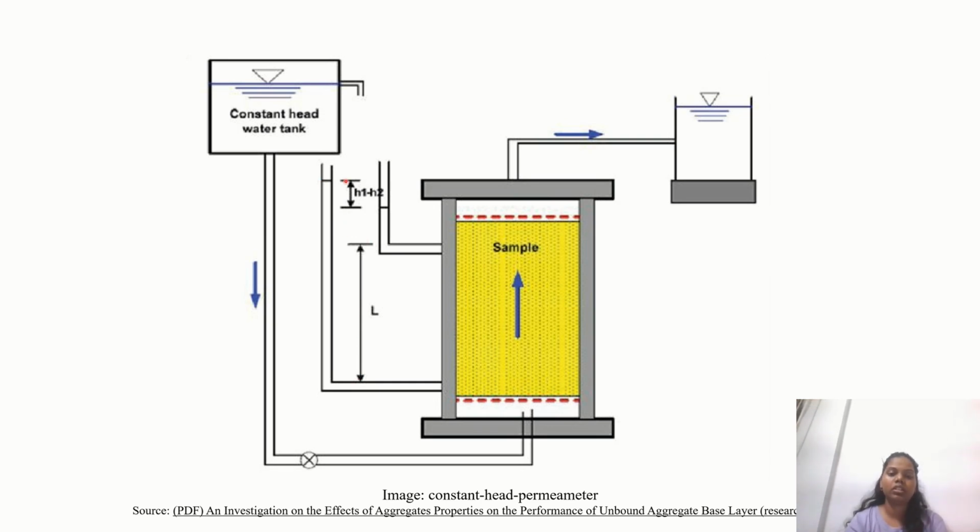Delta H is the hydraulic head difference, which is measured by subtracting the water level in the second manometer from the water level in the first manometer. A is the area of cross section, for which we should know the inner diameter of the permeameter, and T is the time interval.